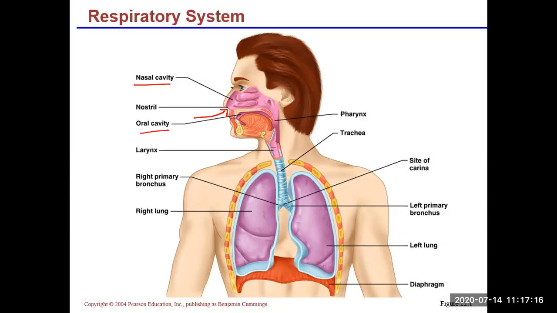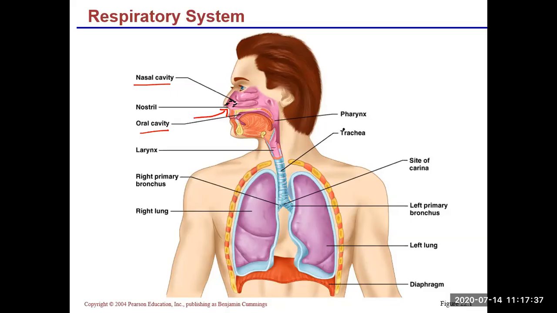You have a lot of hair inside of the nose. These hairs would trap dust particles, things that are unwanted to enter the lungs. Obviously, that's what happens. You also humidify the air and make the air warm.